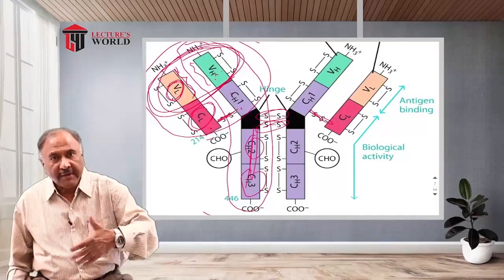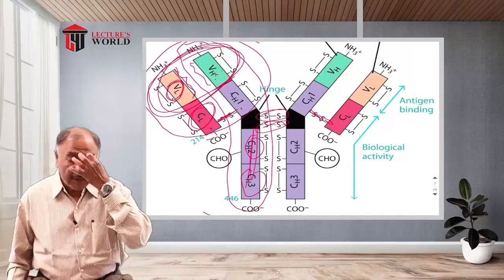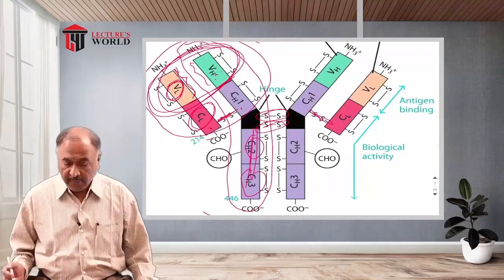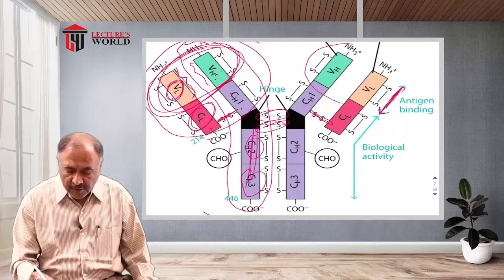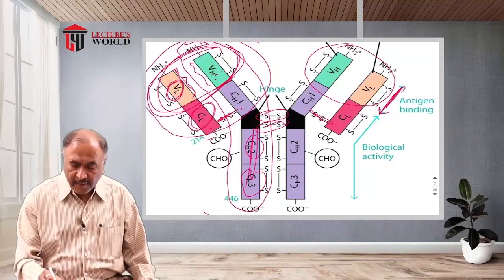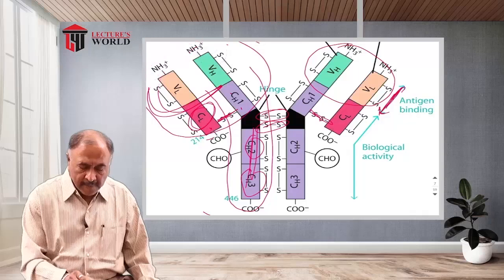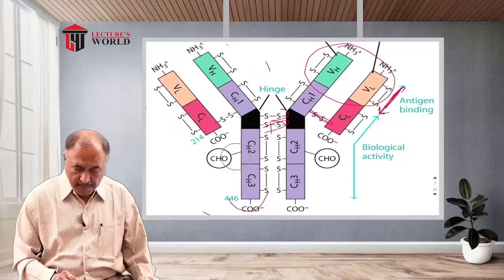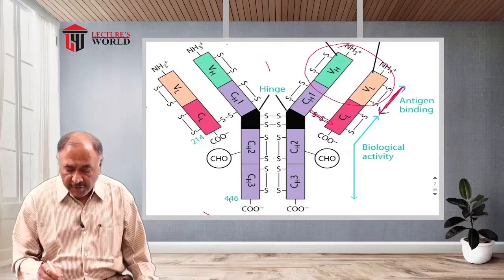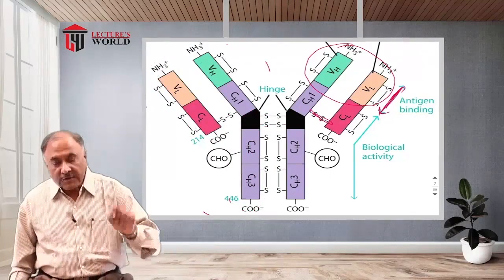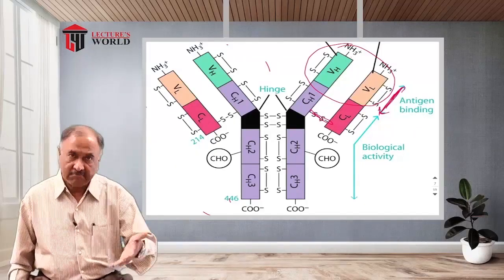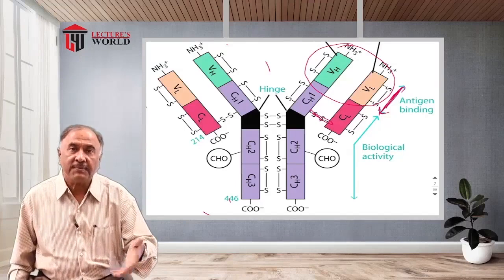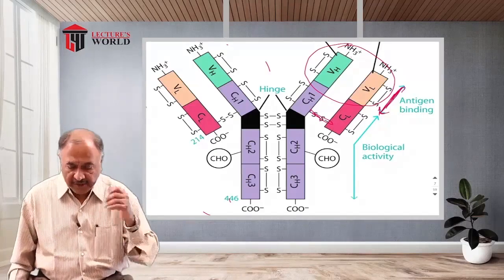Now, if we go further in detail, then you will find that this portion, as I have told you, is the variable region. So this variable region is also called antigen binding site. I just told you it is responsible for binding with the immunogen or antigen.